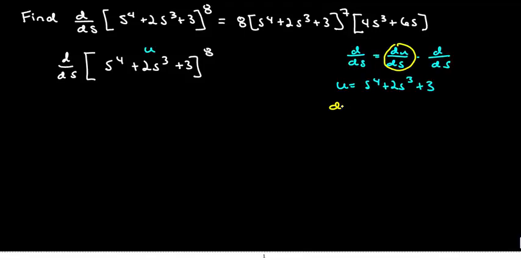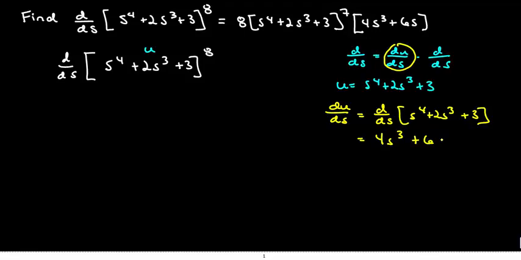So du/ds is equal to d/ds of this thing right here, and that's equal to 4s to the third plus 6s squared.